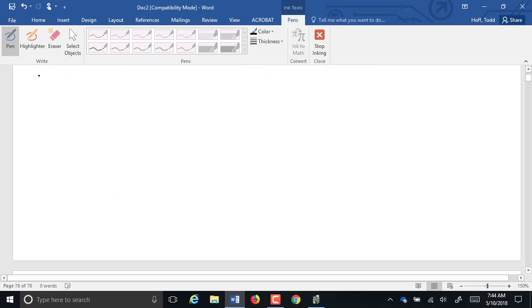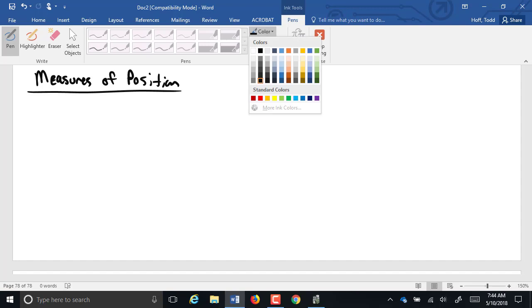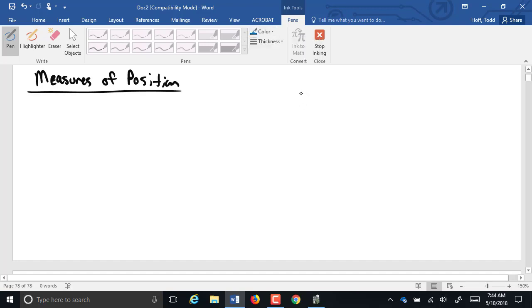Let's talk about measures of position. Talked about measures of center and spread. That describes the whole distribution.